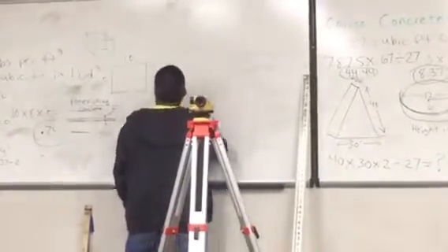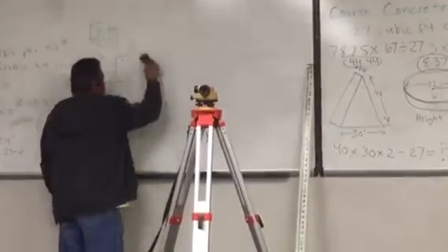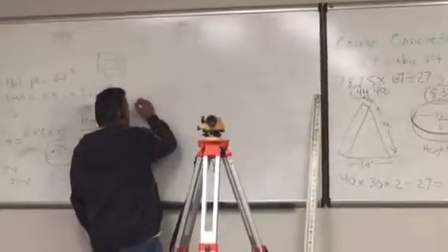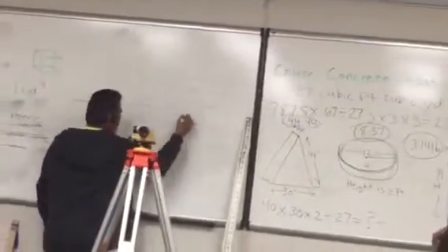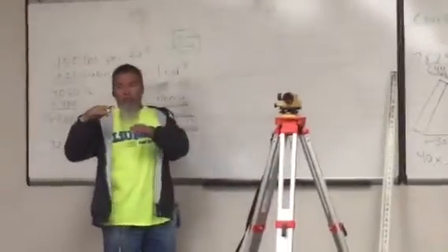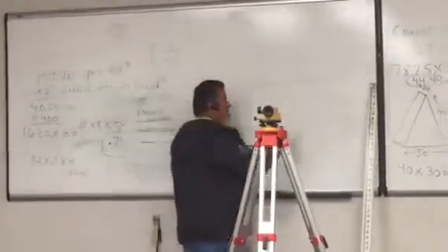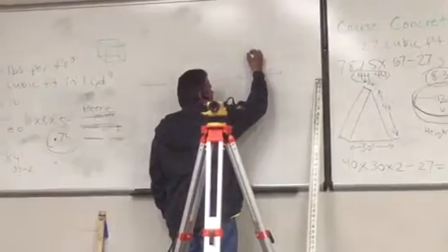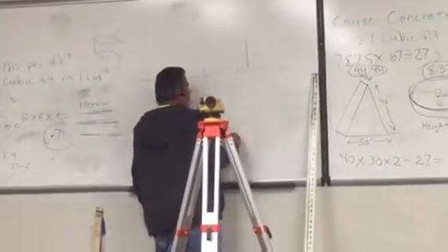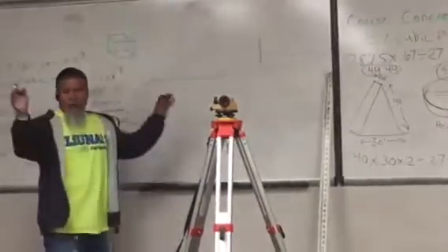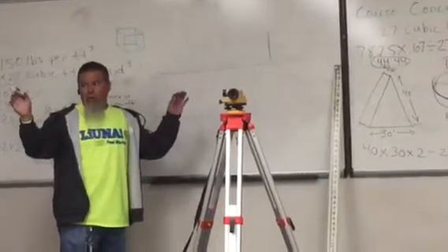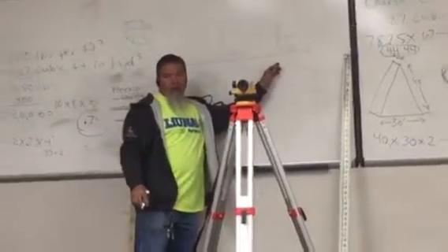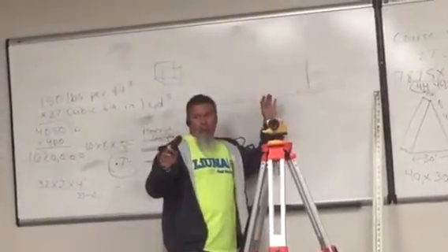And I want to form something over here in this area and this area out here, but I want it to be the same elevation. What I do is I take a rod shot. Here's my rod with all them numbers on it. I can set my tripod anywhere I want, but you can't move it again. If you move it without taking that rod shot, then you gotta start all over again, okay?